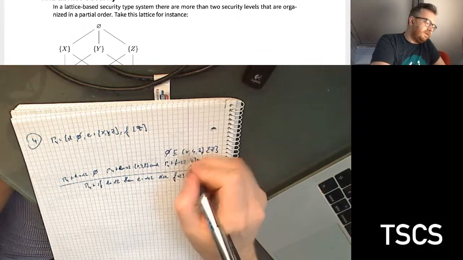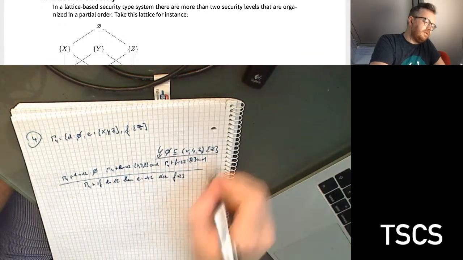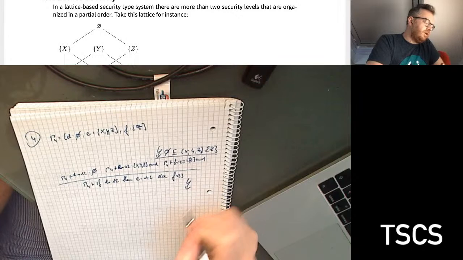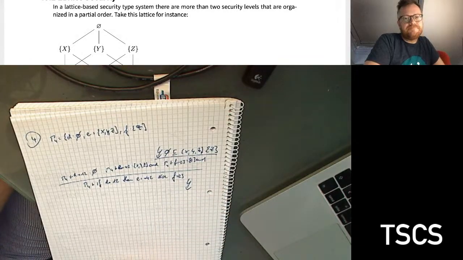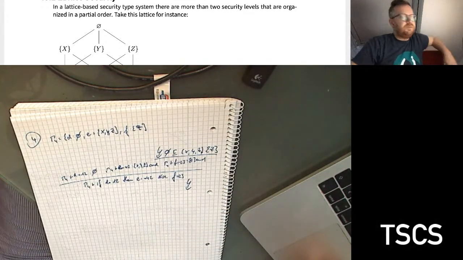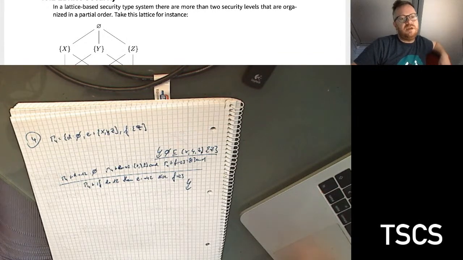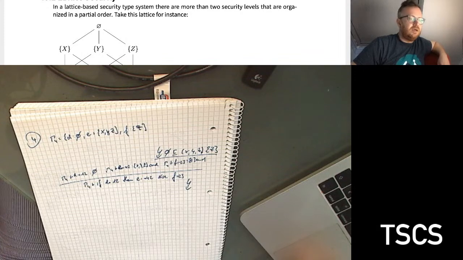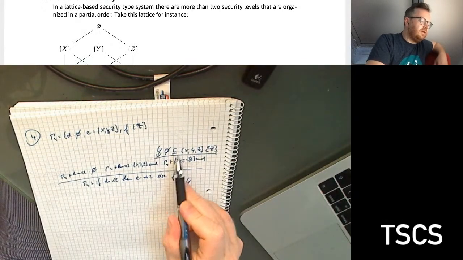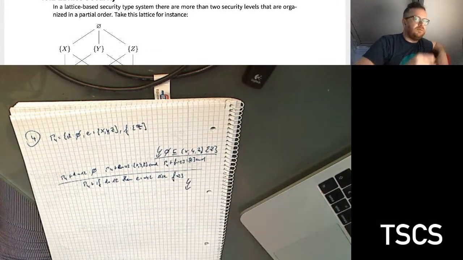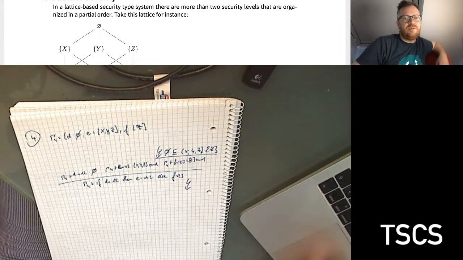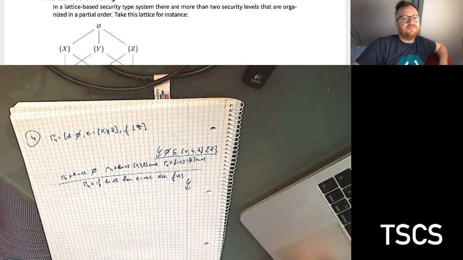So this fails, so this does not work, and so the entire type check fails. So it's basically the same mechanics as we had in the high-low context, but just to compare high and low, we made it more complex with this partial order that is given by the lattice on the exercise, and we need to check if types are compatible or not.